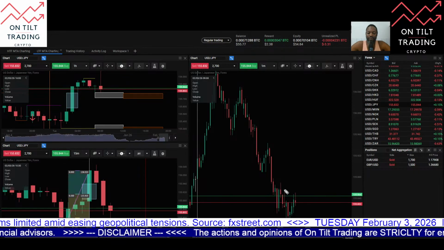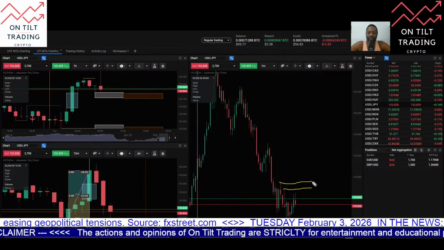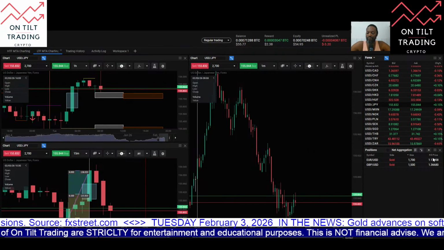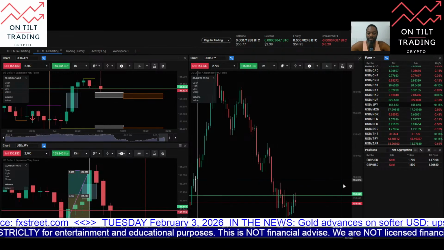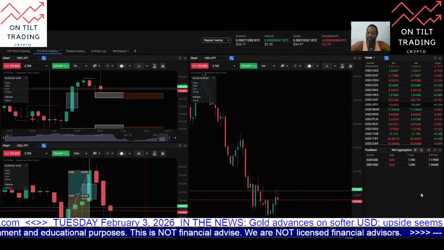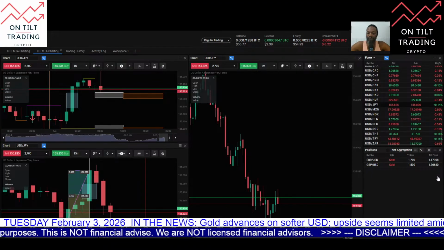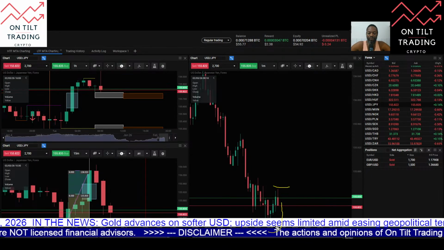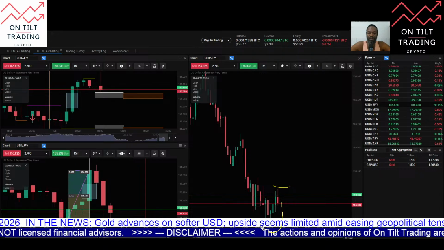So there's a level here, as I mentioned, here and here. Price could also put in a new level. For example, this could be a new swing high if price were to come sweep this sell side and then redeliver.